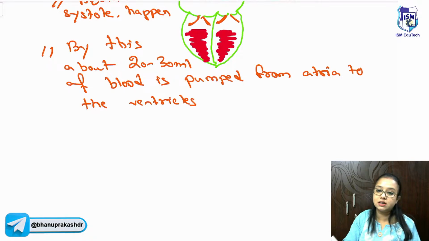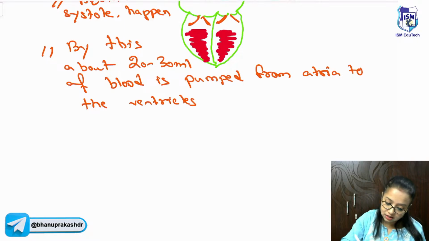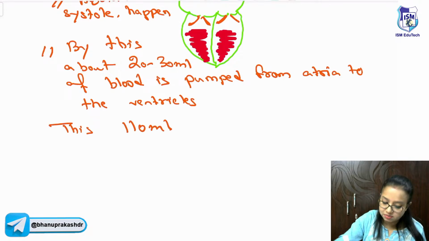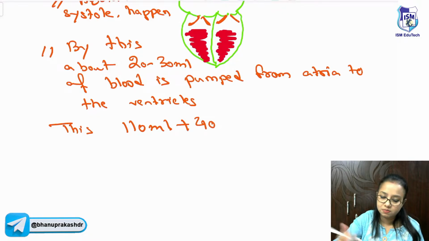Okay, so earlier it was 110, say 110 ml. Now again another say 30 ml has been pumped. So now the total volume becomes 110 plus 30, which is about 140 ml. Let's take the upper level, 40 ml.